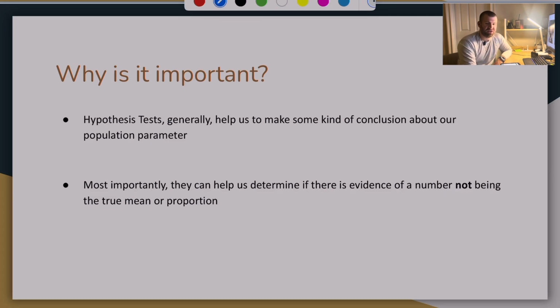And so the idea is we have an initial belief. We take a sample that we hope is representative from our population, and we see where that sample falls on the sampling distribution of the null hypothesis. And if it's far enough away from the middle, we can say that that's evidence that the true population parameter is different than the initial belief.